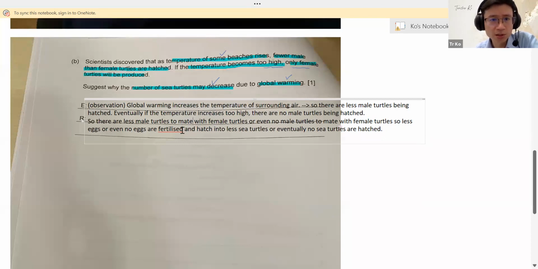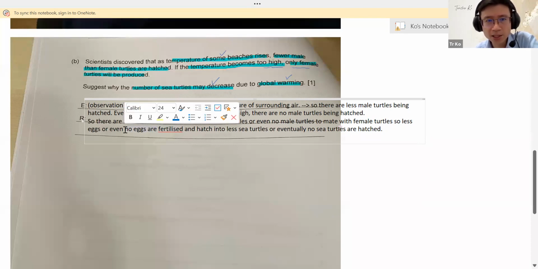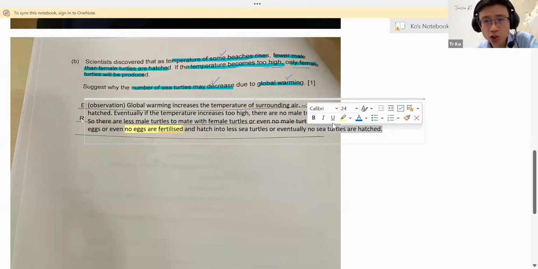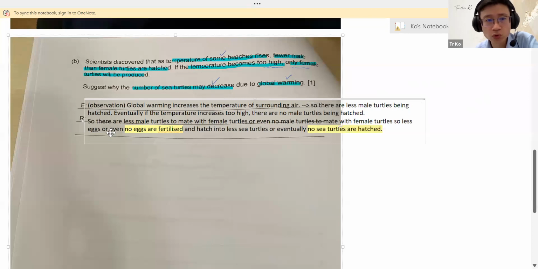All right, if there's less fertilization, there will be less eggs being hatched. So key point, less eggs or no eggs are fertilized, so there's no sea turtles being hatched. All right, or if you choose to use this one, less eggs are fertilized, then less eggs are hatched into less sea turtles.